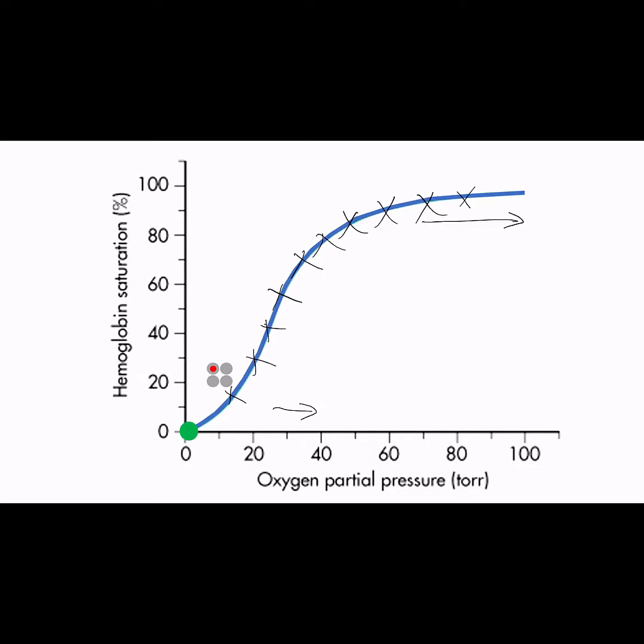Essentially, when one oxygen molecule binds to that protoporphyrin ring in a subunit of haemoglobin, it makes it much easier for the other oxygen molecules to bind. We'll explore the molecular physiology behind this in more detail. So as two molecules have joined, it's much easier for the third molecule to join, and it's much easier for the fourth molecule to join. Now, this cooperativity is fundamental to understanding the oxygen haemoglobin dissociation curve.